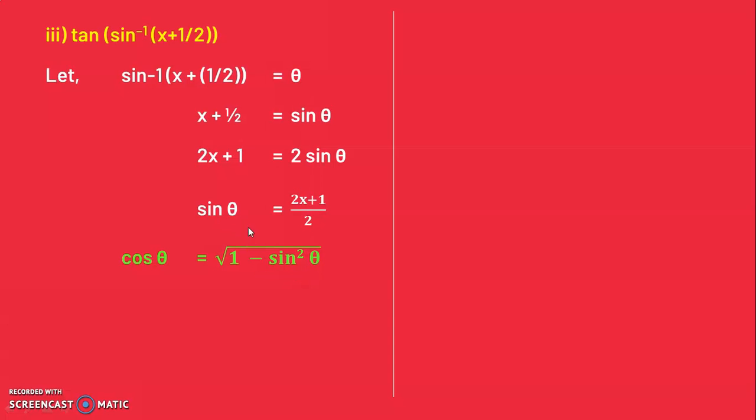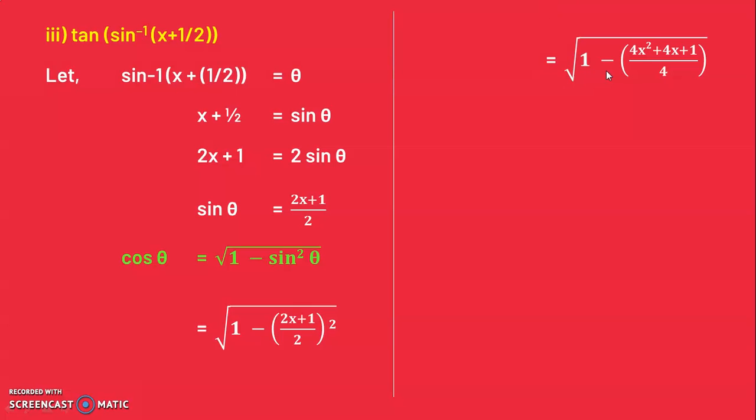By applying the sine squared theta value here, we will get the square root of 1 minus ((2x plus 1) by 2) the whole squared. So this will be equal to the square root of 1 minus, and this is in the form (a plus b) the whole squared. Therefore your a squared is 4x squared, your 2ab is 4x, and your b squared is 1 divided by 2 squared, which is 4.